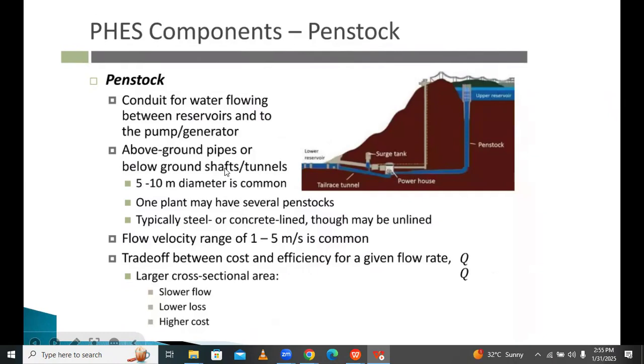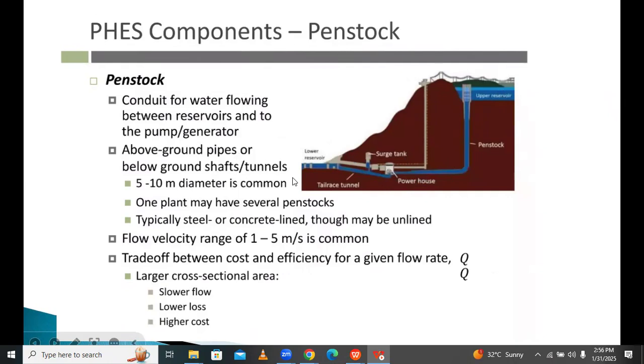One of the next important components is the penstock. A penstock is a conduit for water flowing between the reservoir and the pump or the generator. The penstock is like a pipe that carries water from the upper reservoir to the lower reservoir, and when the water falls on the turbine, it rotates.